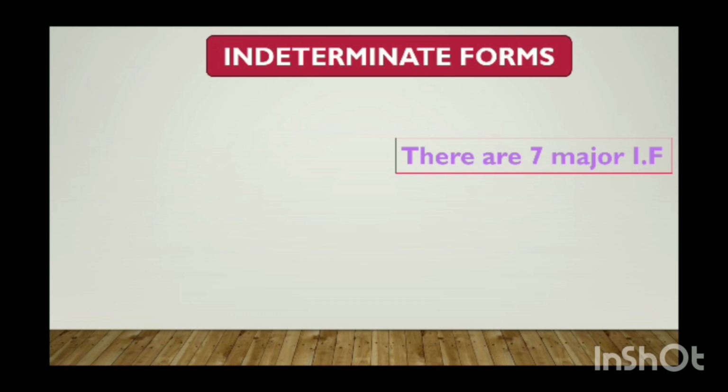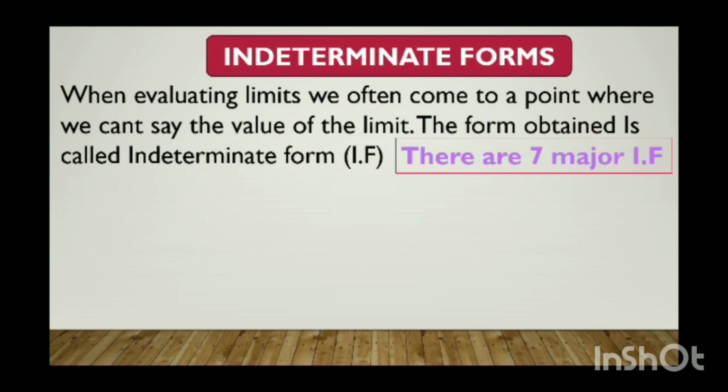Let us talk about indeterminate forms. When I was presenting the tables, you were seeing "indeterminate form". What is the meaning of that? In mathematics, there are 7 major indeterminate forms. But what is an indeterminate form? When evaluating limits, we often come to a point where we can't tell the value of the limit.